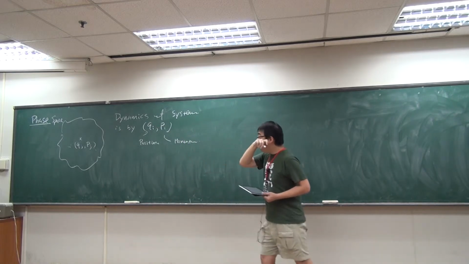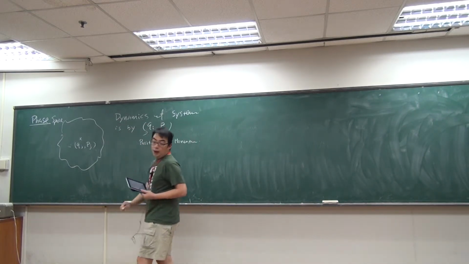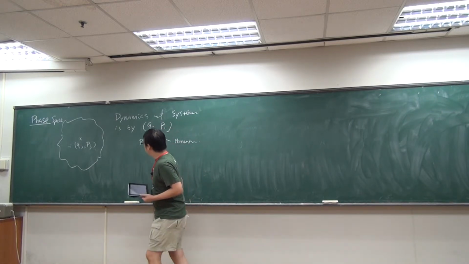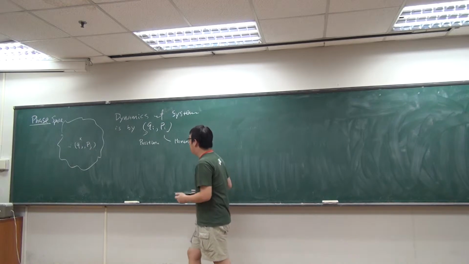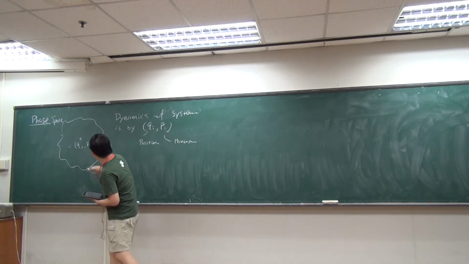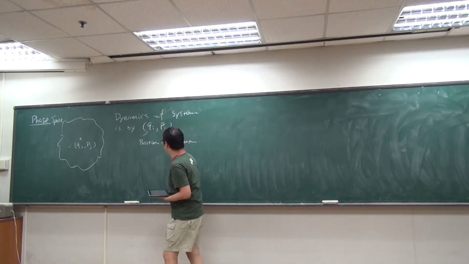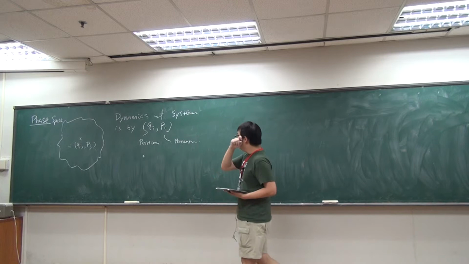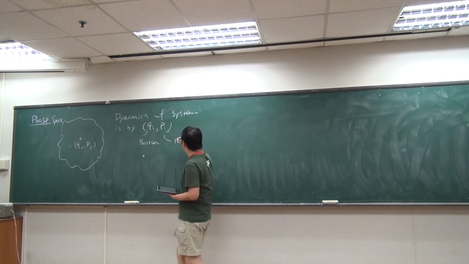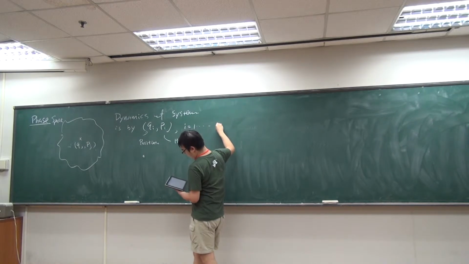So your phase space is an even dimensional vector space, whose coordinates are simply given by the position and momentum, q_i and p_i, where the index i runs from 1 to n.